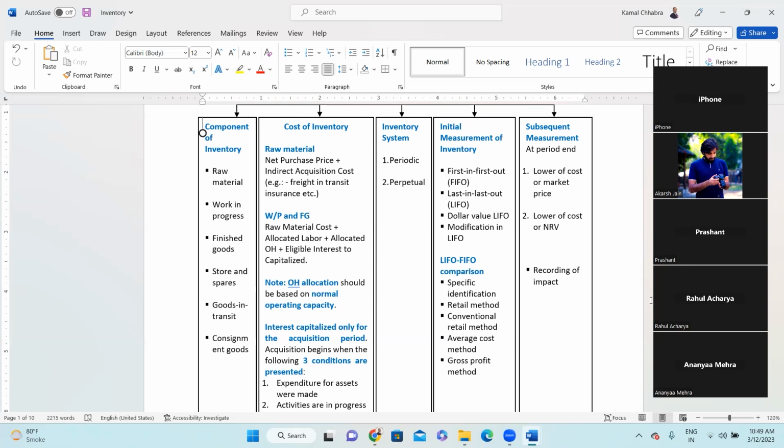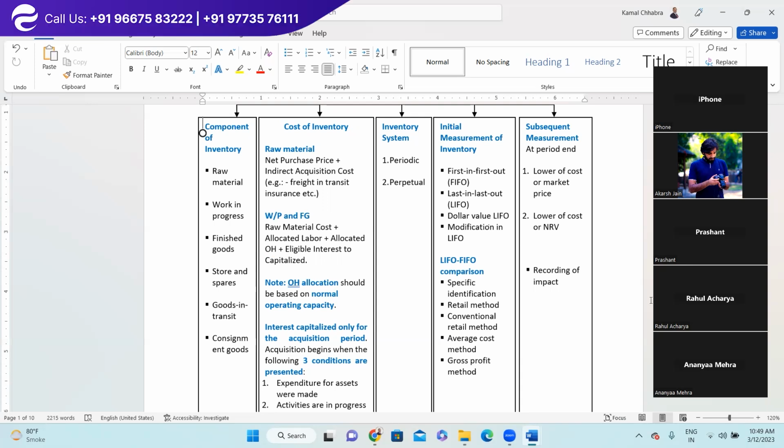So if you see, in practical life, what kind of company might be using periodic and what type of company might be using perpetual? Have you heard about companies needing to maintain costing records? Yes. What are the costing reports?